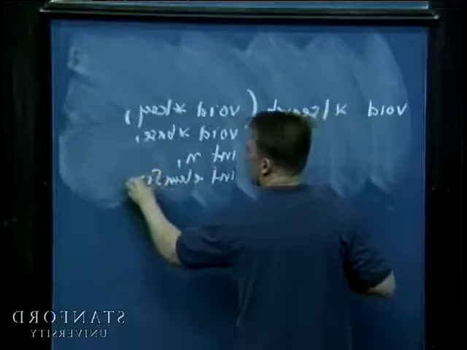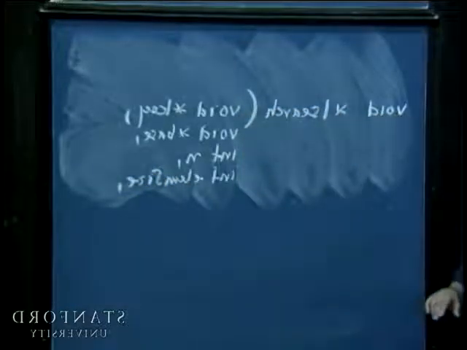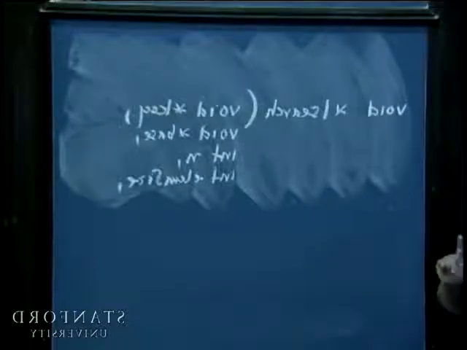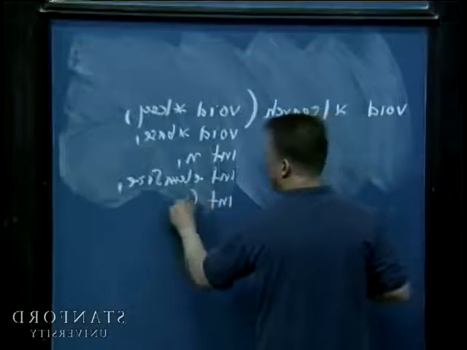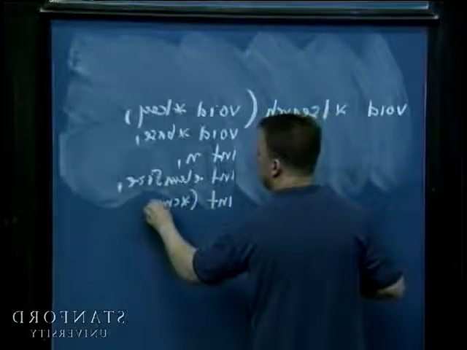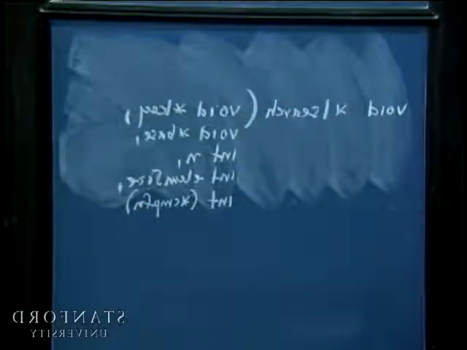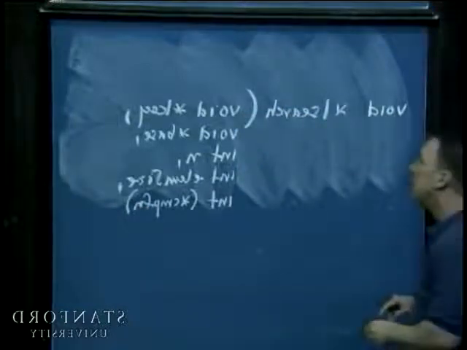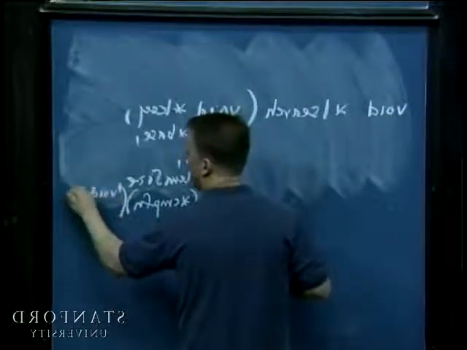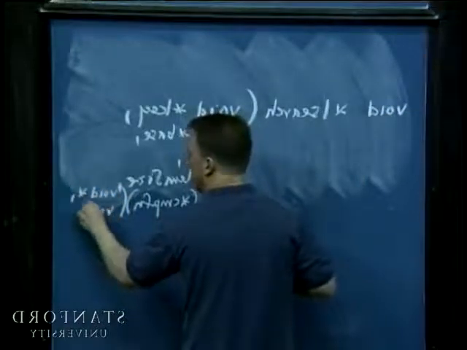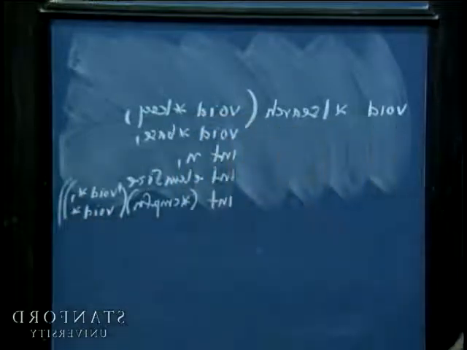And then I want to pass in the address of some function that's capable of comparing the elements that I know them to be. Int star. I'm used to asterisks there. You don't actually need them if you have the parentheses, but I like the asterisk there to remind me that it's a function pointer. And it takes two arguments. It takes a void star and another void star. And that's the entire prototype of that function.